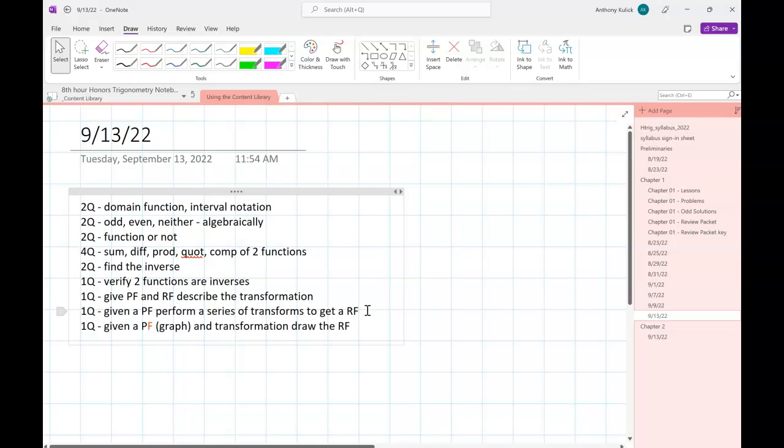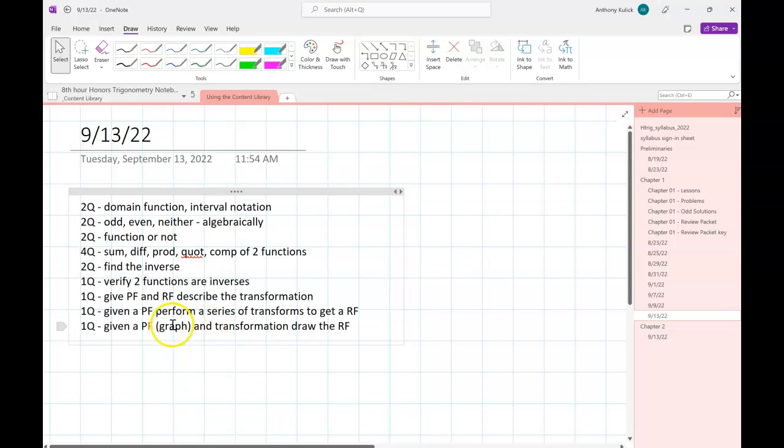One question where I give you a parent function and ask you to perform a series of transformations to get to a new resultant function. So I might tell you to shift left 7, and then stretch vertically by 5, and then reflect across the x-axis or something like that. And then give me the resultant function after doing those things.